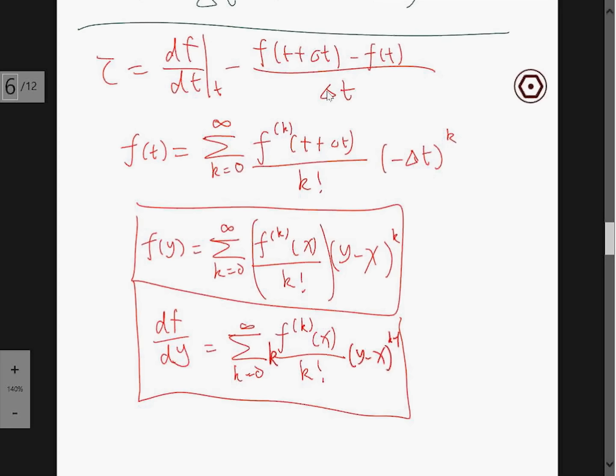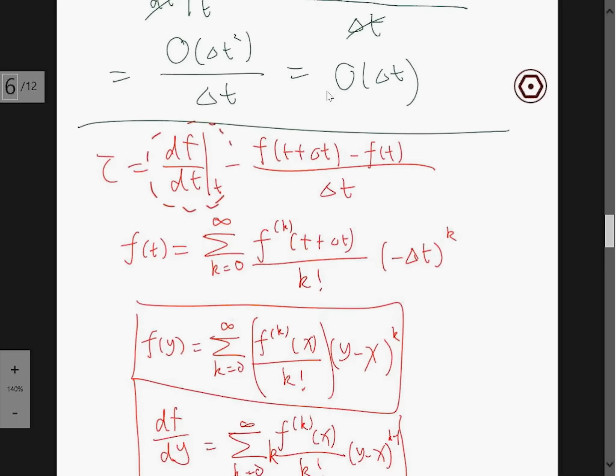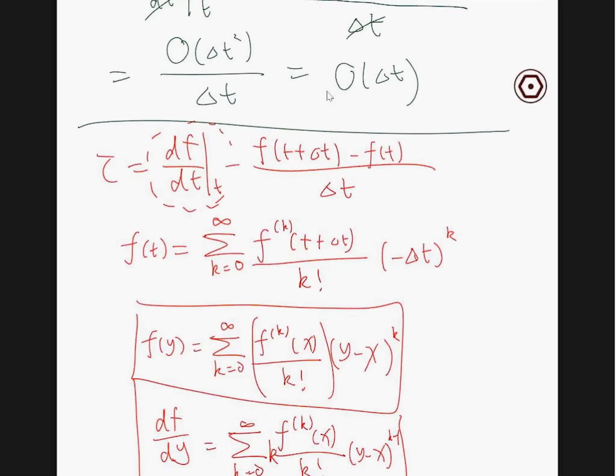So this is what happens when you expand a derivative as a Taylor series. And now, if you expand this term at t plus delta t, you can arrive at the same conclusion as we previously did, which is that our scheme has a truncation error of order delta t. All right, let's take a mini break of like 5 minutes and then come back to our lecture.